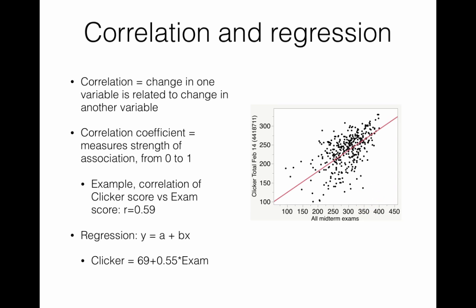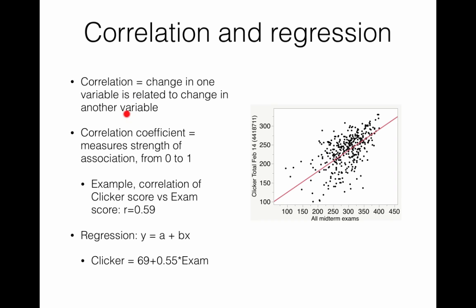For example, maybe this student here has 350 on the midterm exam sum and has about 175 on the clicker total. So we'd like to know, is the clicker total score related to the performance in the midterm exams? One way, of course, is just to look at the distribution here. The other way is to calculate a little more accurately with some quantitative measure.